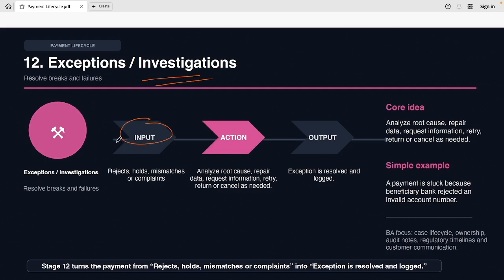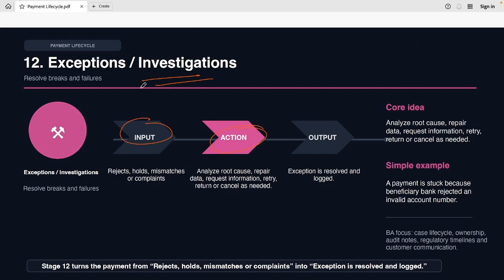The input for this particular stage may be a reject, a hold, a mismatch, a system failure, a customer complaint. So as a part of the action, the bank investigates the issue and determines the correct action. This may include analyzing the root cause, correcting the payment data, requesting additional information from the customer, retrying the payment, returning funds to the sender's account, reversing an accounting entry, cancelling the payment, escalating the case, and so on.